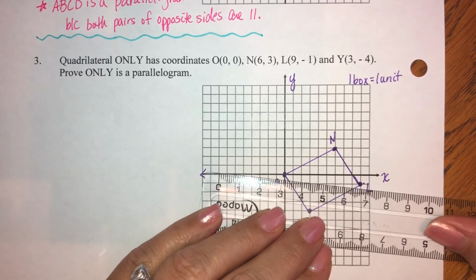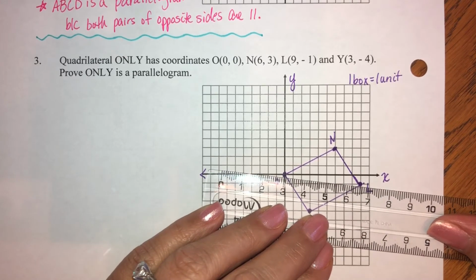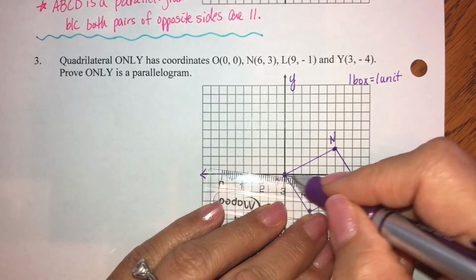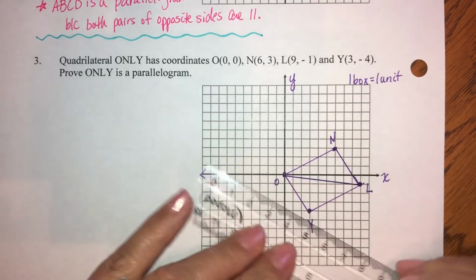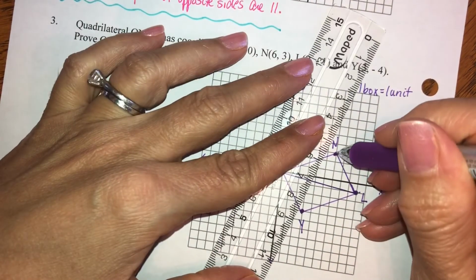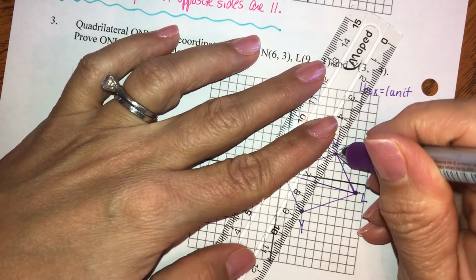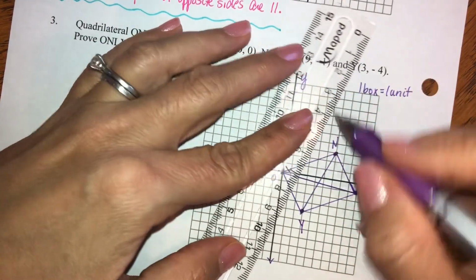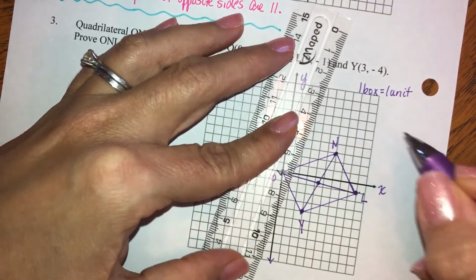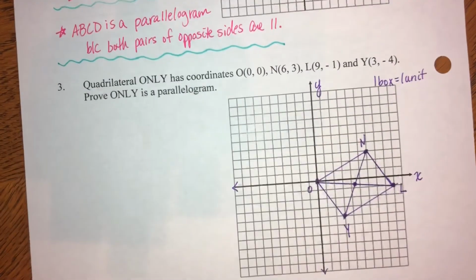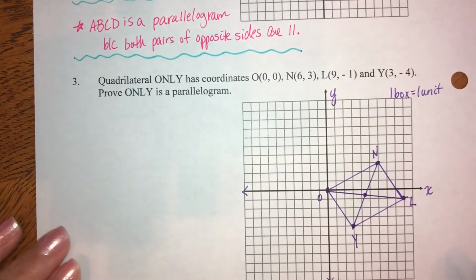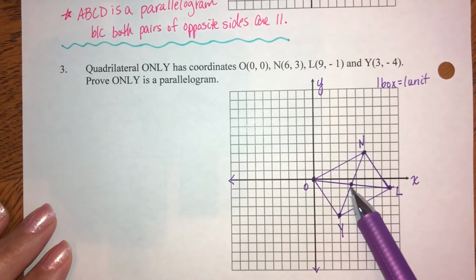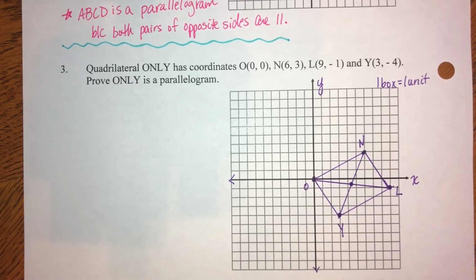So I'm going to be worried about my segment that goes from O to L. And I will be worried about my segment that goes from N to Y. Now, unfortunately on this picture, that doesn't look like a nice coordinate. It's going to be some kind of weird number, but that's okay because I'm just going to use my midpoint formula and it should show me that I get the same point both times.